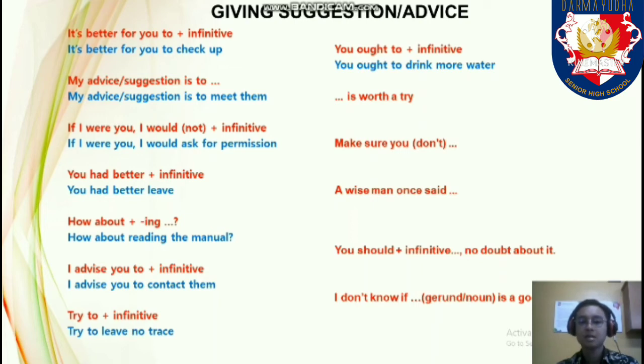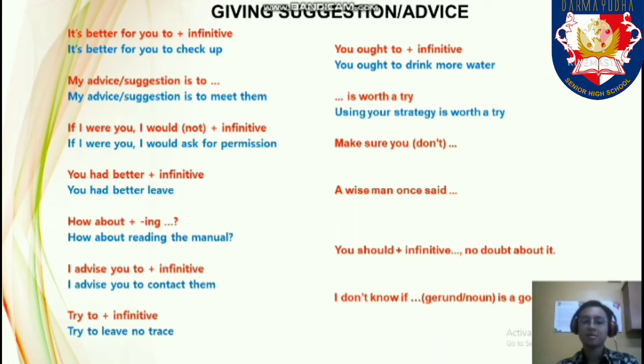For example, you ought to drink more water. And then the next one, blah blah blah is worth a try. So here it must be gerund, a noun. For example, using your strategy is worth a try.